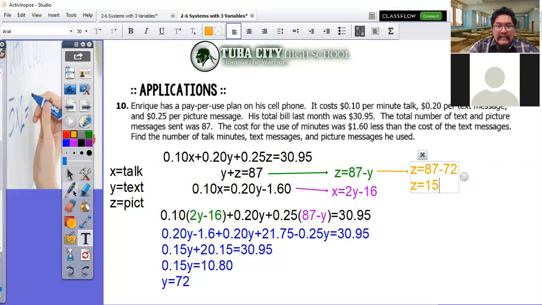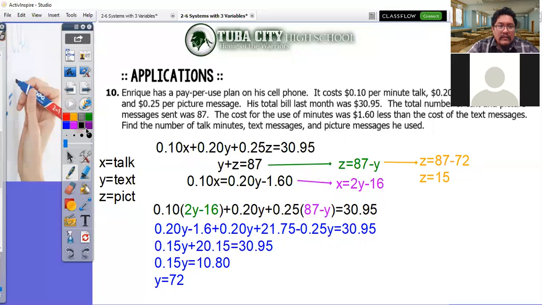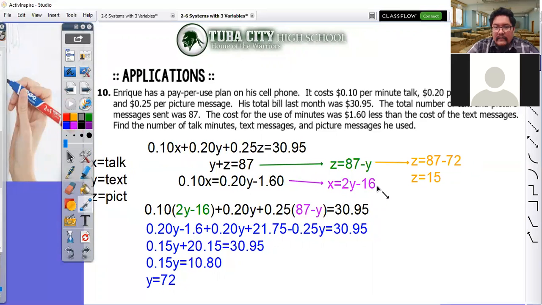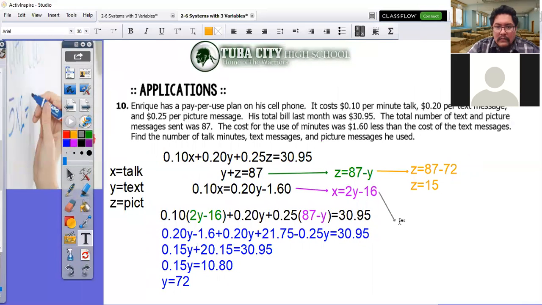So let's plug in right here. I think this one will work because we know the y value. And I like that one because x is already solved, right? We already have x by itself. So 2y, so 2 times 72, minus 16. Okay, that looks kind of like a big number.